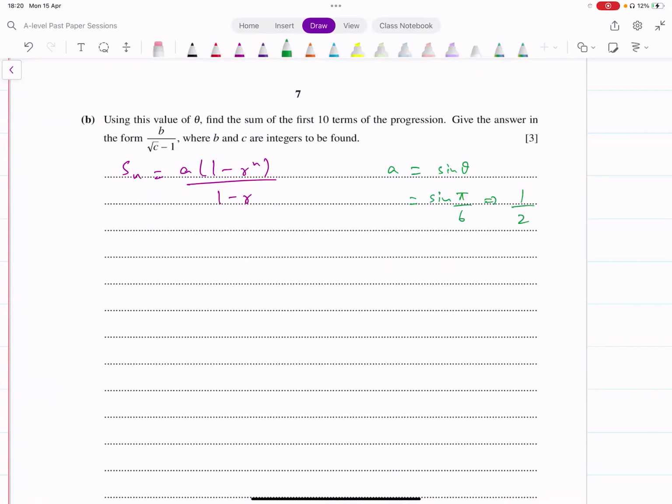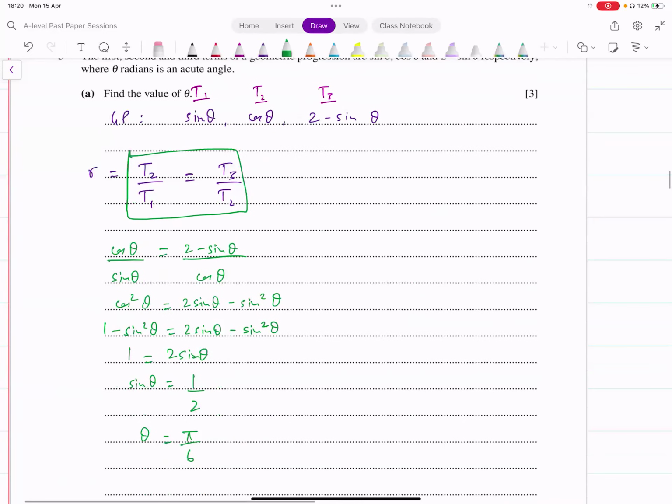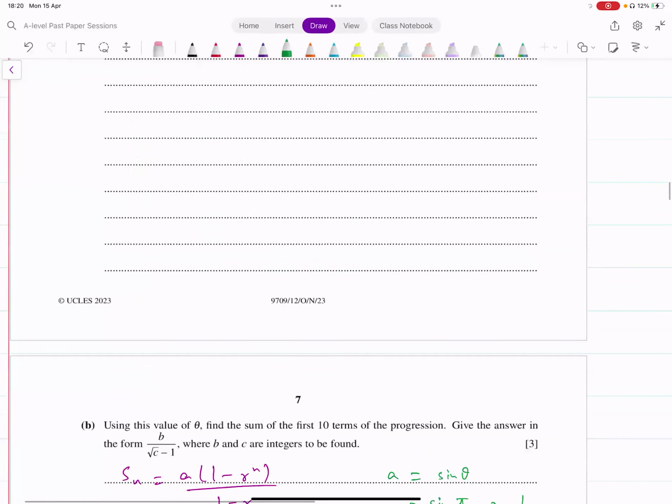Now the second thing that we want for using this formula is the ratio. How do you find the ratio? You could do T2 over T1, or you could do T3 over T2. So basically, either this or this. Use any one of these two. Let me use cos theta over sine theta.